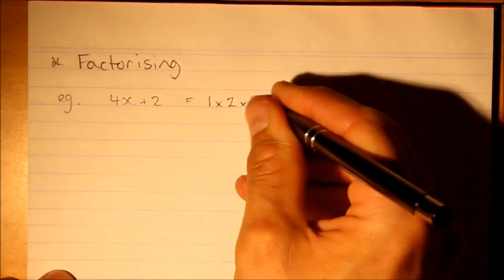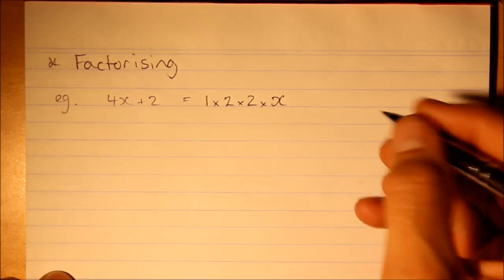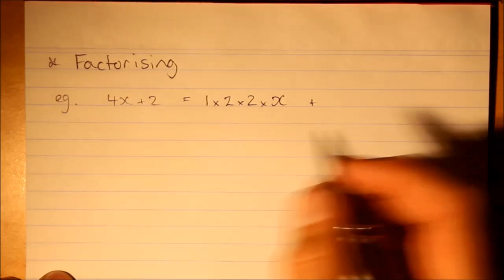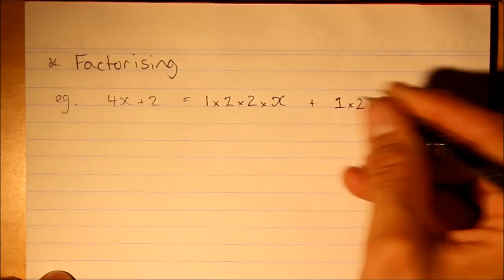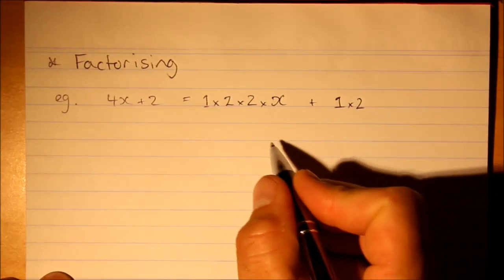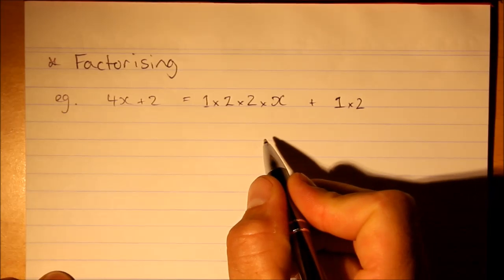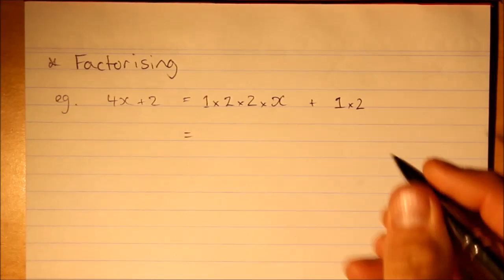So 4 I can break up into 2 factors of 2 and an x, and 2 I can break up into 1 times 2. Now when we are factorising, we are taking the highest common factor and putting it outside the grouping symbol.